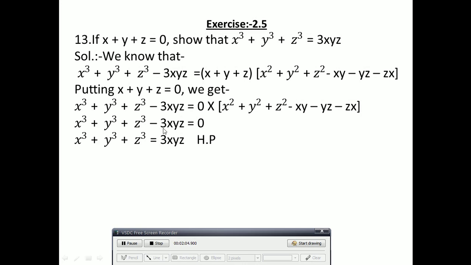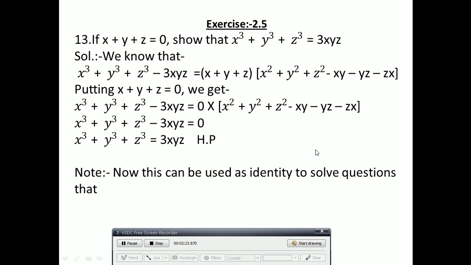After shifting, it will be positive. So the LHS will be x cube plus y cube plus z cube is equal to 3xyz, and that was our question: show that x cube plus y cube plus z cube is equal to 3xyz.